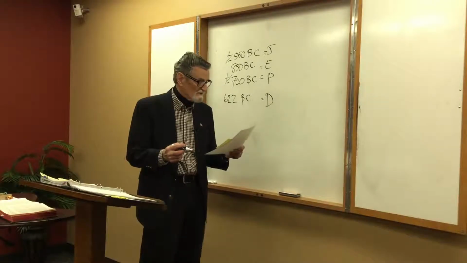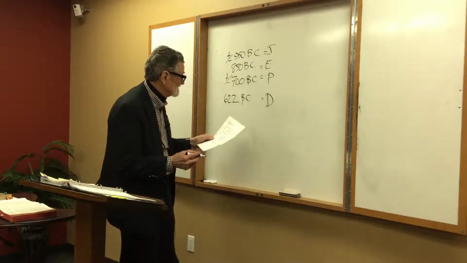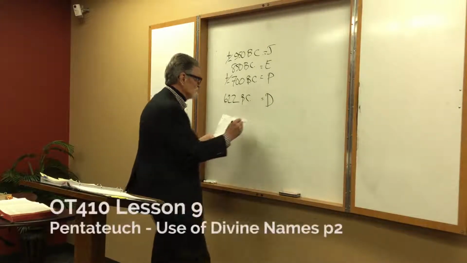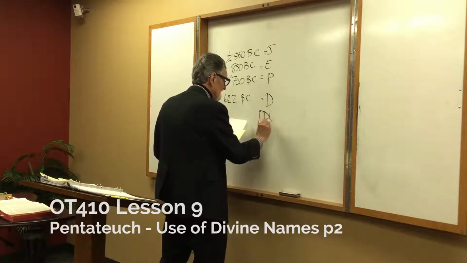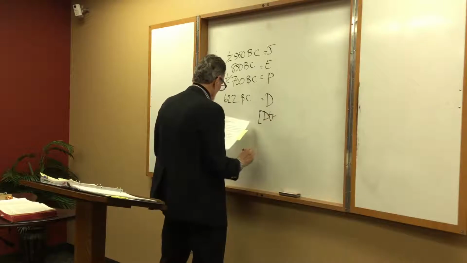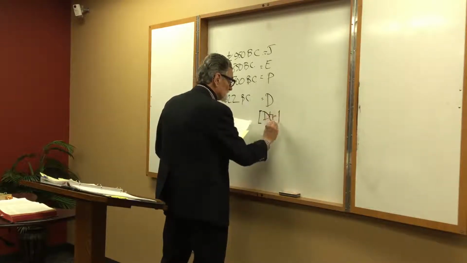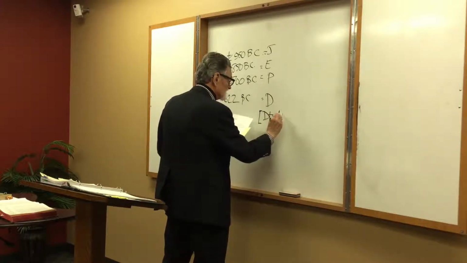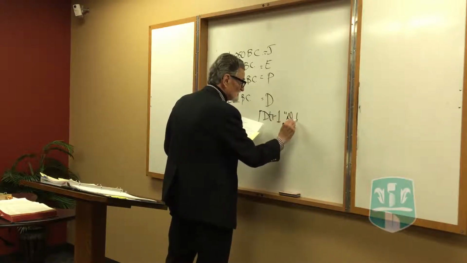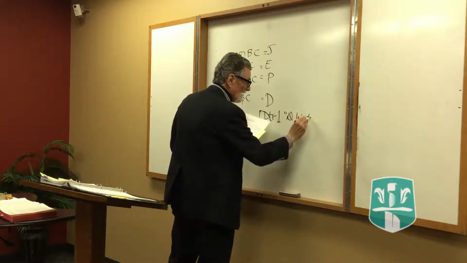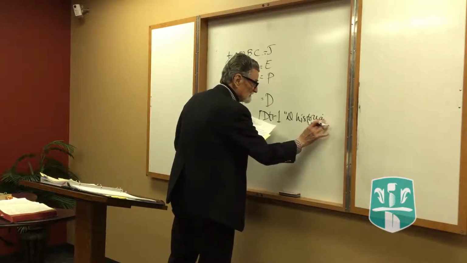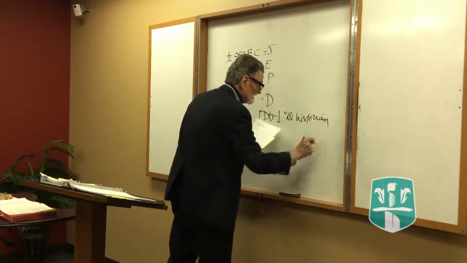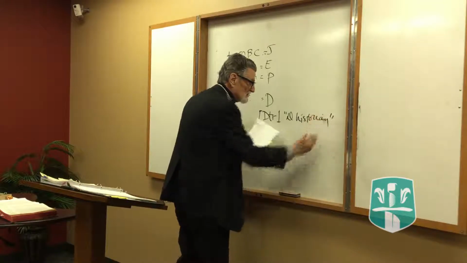And at this point, you see, we have the subdivisions under D. So there's now, I'll put it in brackets, a DTR number 1. And he is called the Deuteronomic historian. I still read in all kinds of literature about Scripture about this Deuteronomic historian.